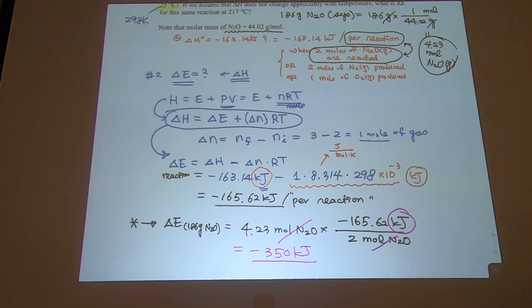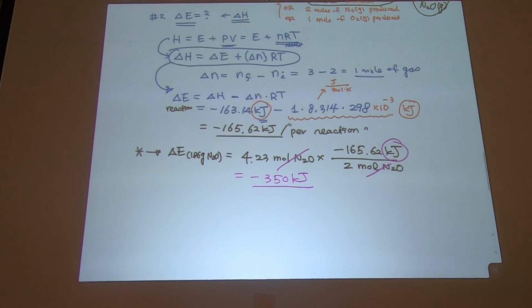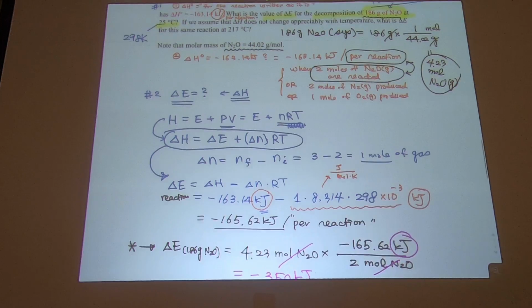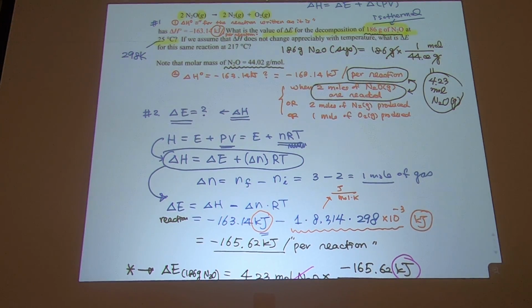Okay, so that's the first question, and then actually there's an extra question here. Assuming delta H is still the same, do not change the temperature, meaning I can still use the same number as it is. But what about the delta E for the same system at 217 degrees C?